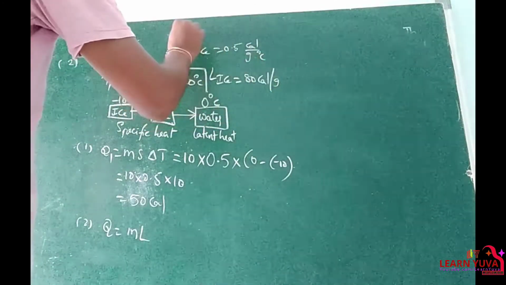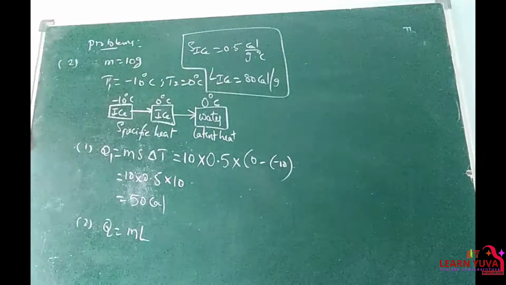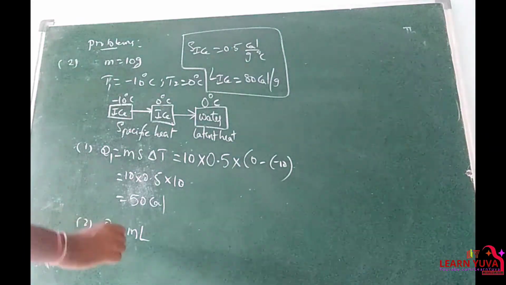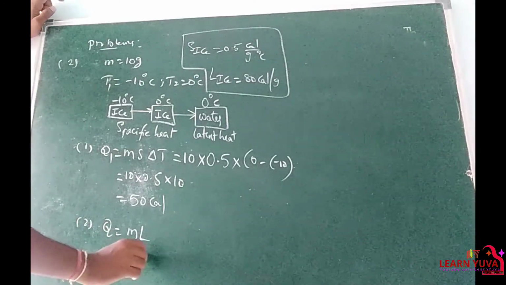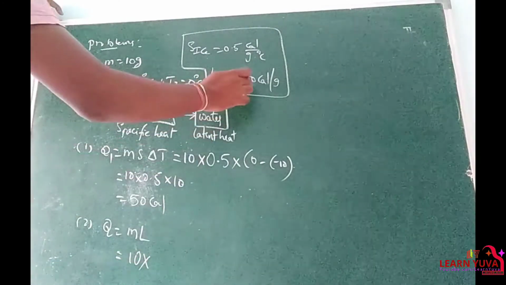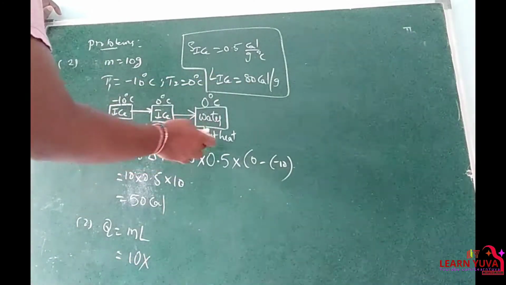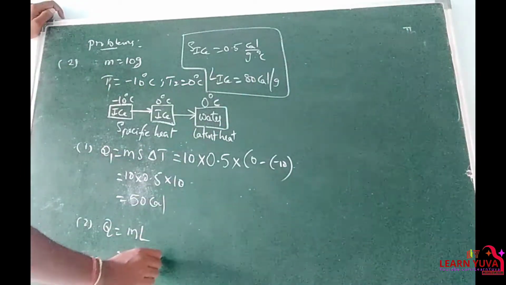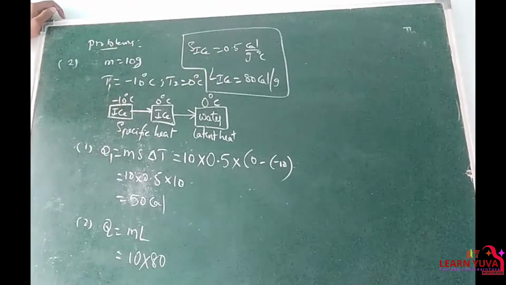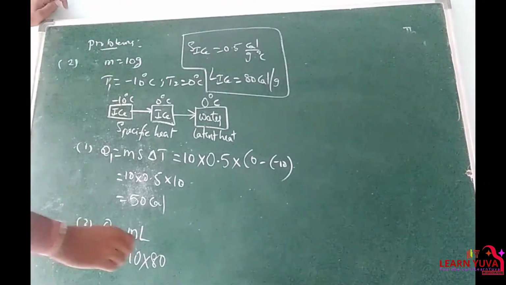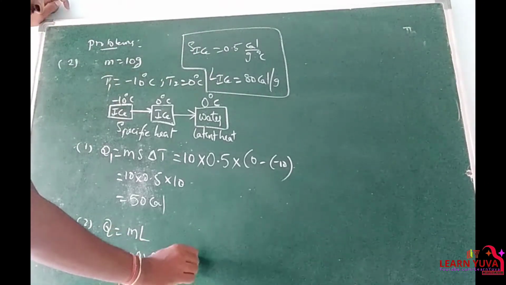So mass is given as 10 grams, and latent heat of fusion is for ice to water, so 80. These are fixed values. We must remember these values. So that is equal to 800 calories.